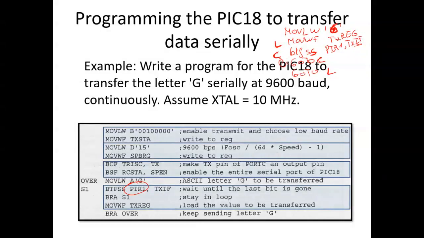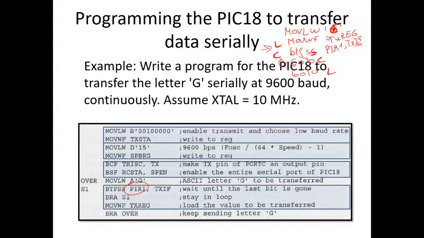We keep looping here. So here we are using the polling technique. It's better to use the interrupt technique, but here we are using the polling technique. Once the flag becomes 1, there is a skip. We have to send the next byte. So go to L. So here L will send again the ASCII code of the letter G to the TX register.